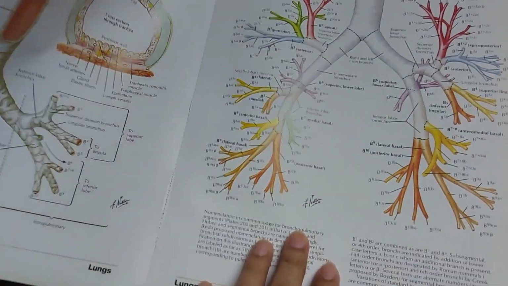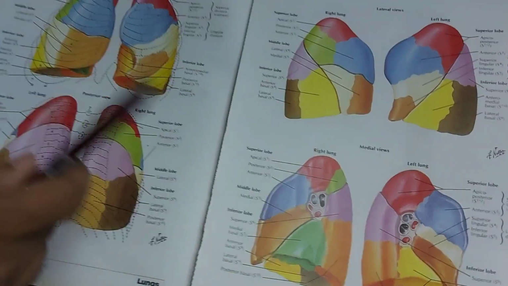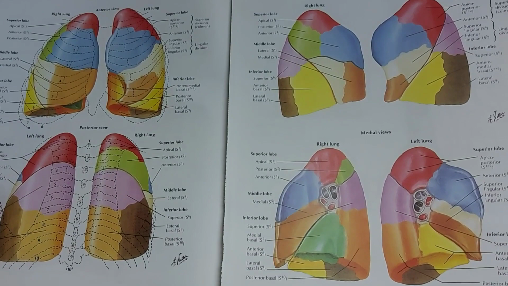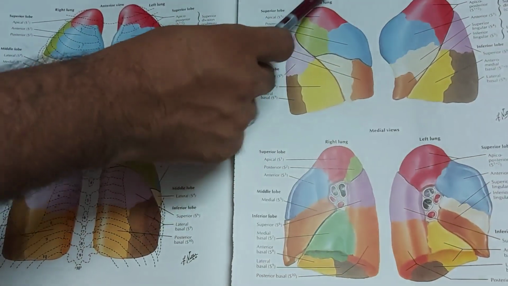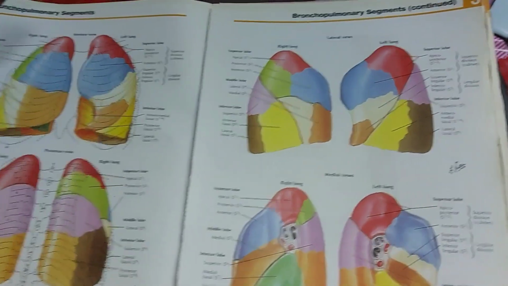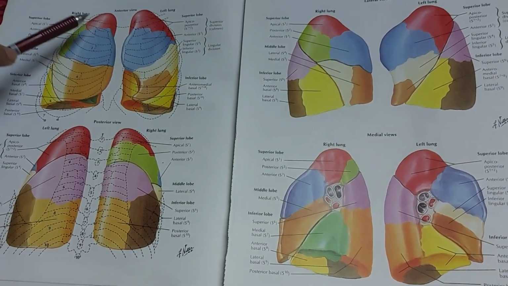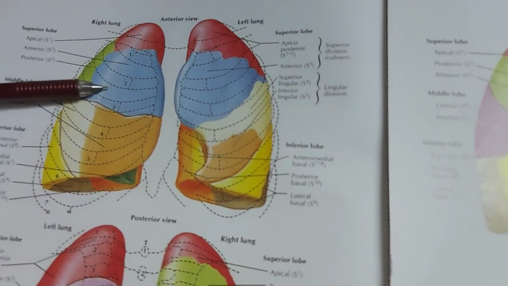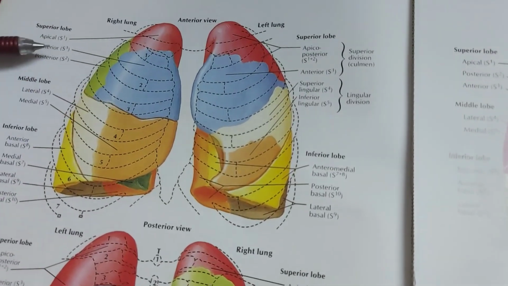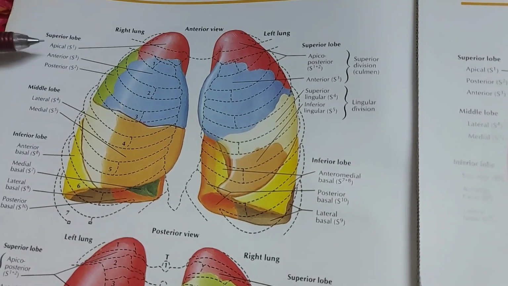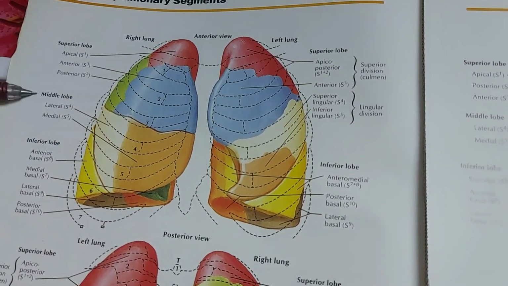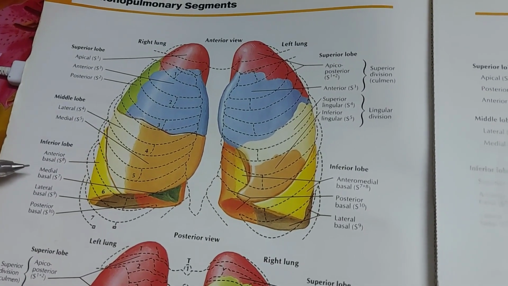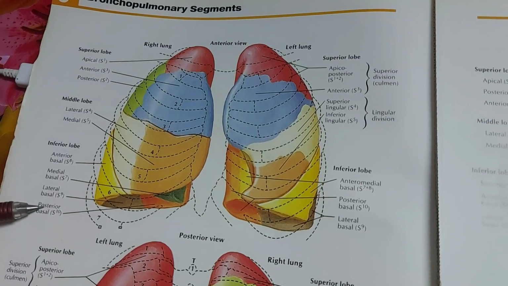The area of the lung that is supplied by a single segmental bronchus is known as the bronchopulmonary segment. Each lung has some bronchopulmonary segments. On the right side, the superior lobe has 3 bronchopulmonary segments, the middle lobe has 2, and the inferior lobe has 4.